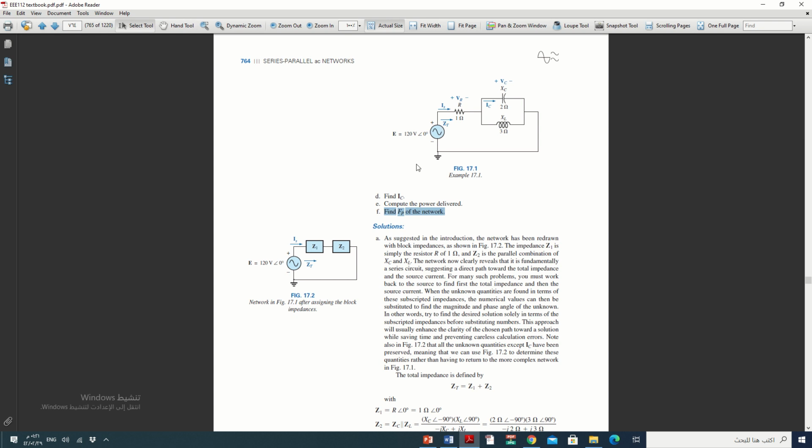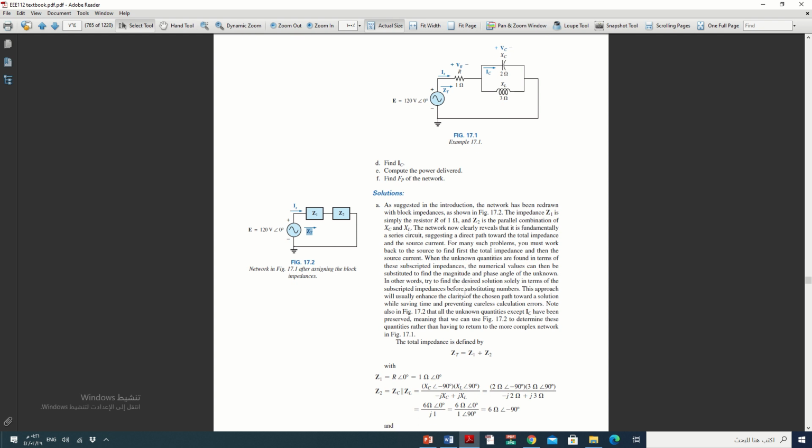To find Z total, which is the first requirement, we need to simplify these impedances, which are in parallel, to be one impedance. XC and XL are parallel together, so we can recalculate to find a new Z. We will call it Z2, and Z1, which is ZR, will be in series with Z2.